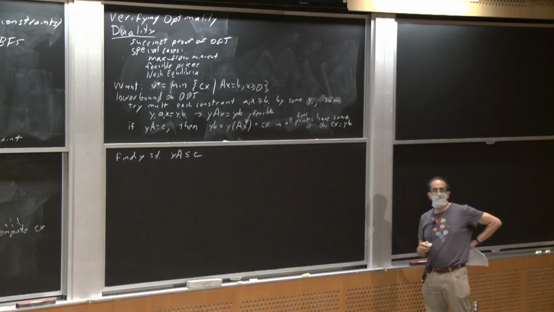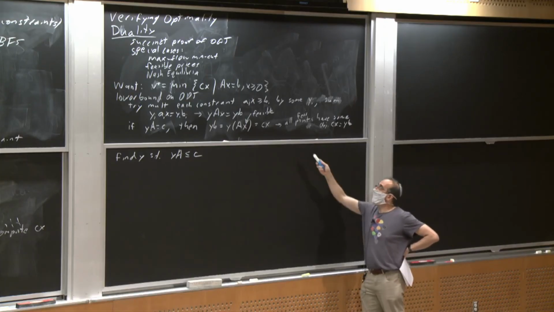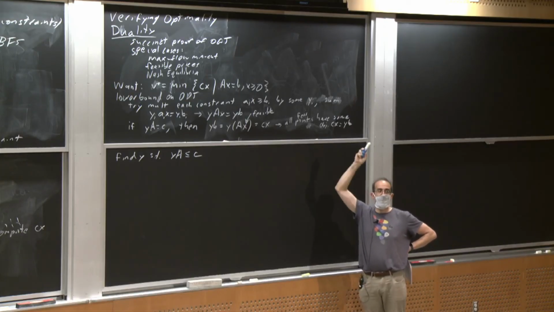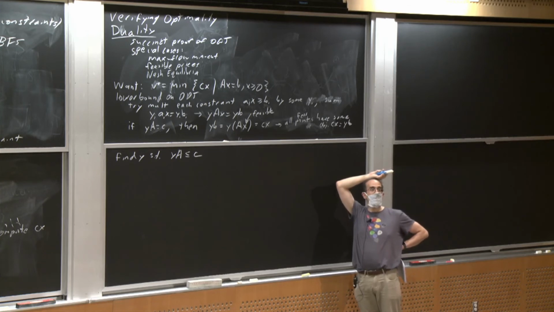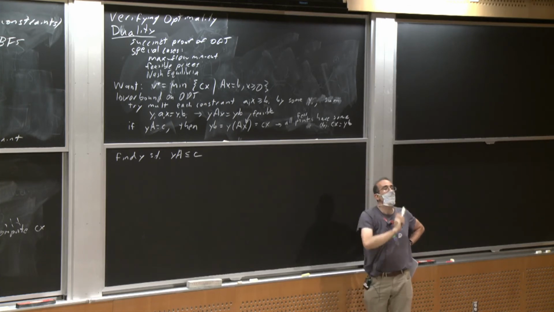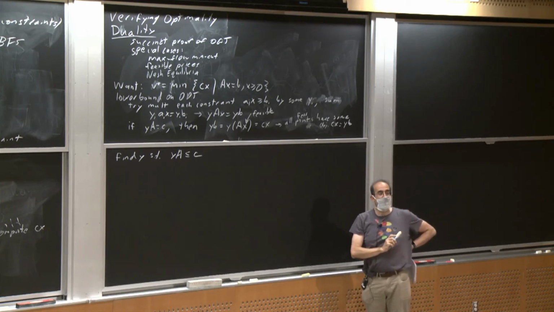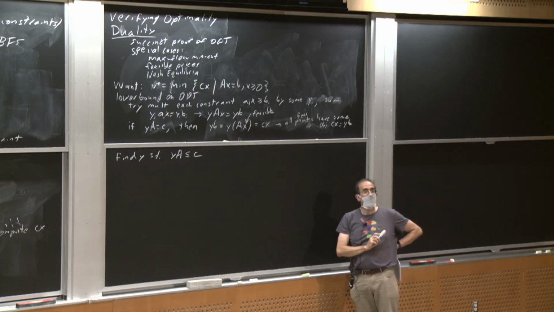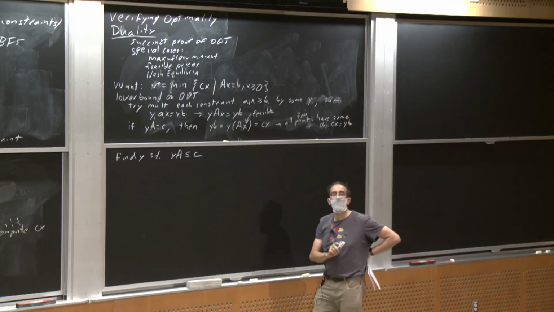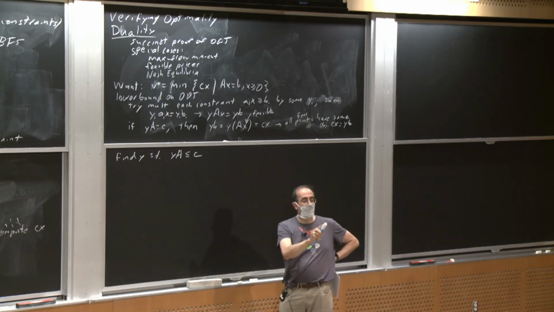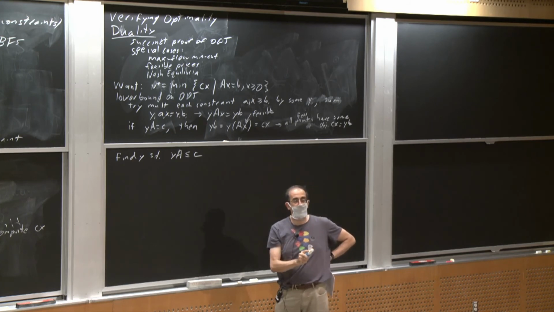If yA is less than or equal to c, what can we conclude by applying the same analysis as I just did for the equality case? Exactly. That's what's crucial. You use the fact that all of the x's are positive.